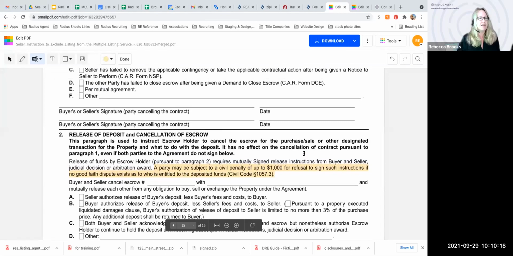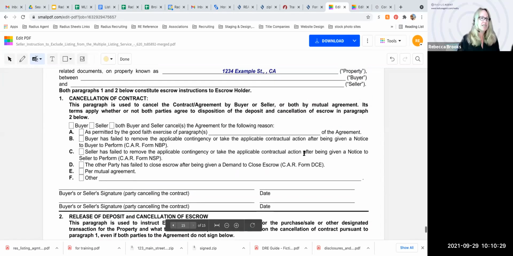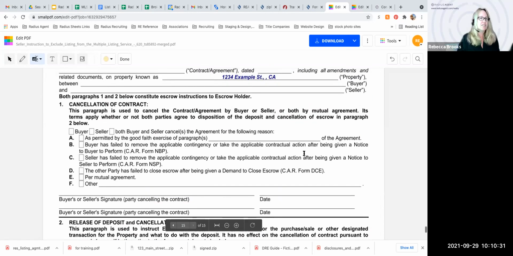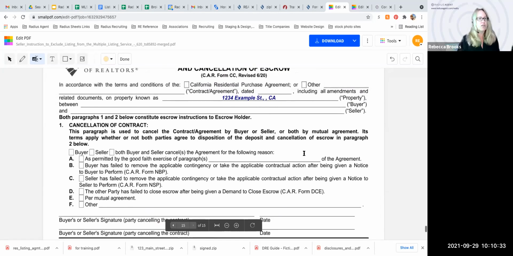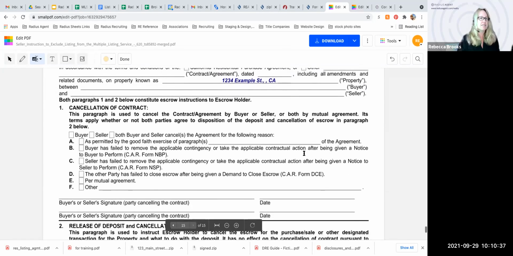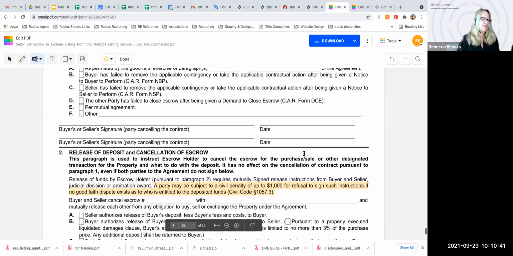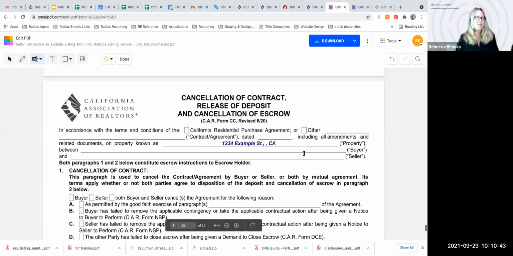We did actually have this happen, I want to say a week or two ago, where one of our Radius agents was representing a buyer, exact situation where the buyer unfortunately couldn't get the loan. They still had the loan contingency in effect. They told the listing agent, sorry, we're unable to get the loan that we thought we were qualifying for. And the seller was very, very irate and didn't want to release the initial deposit.